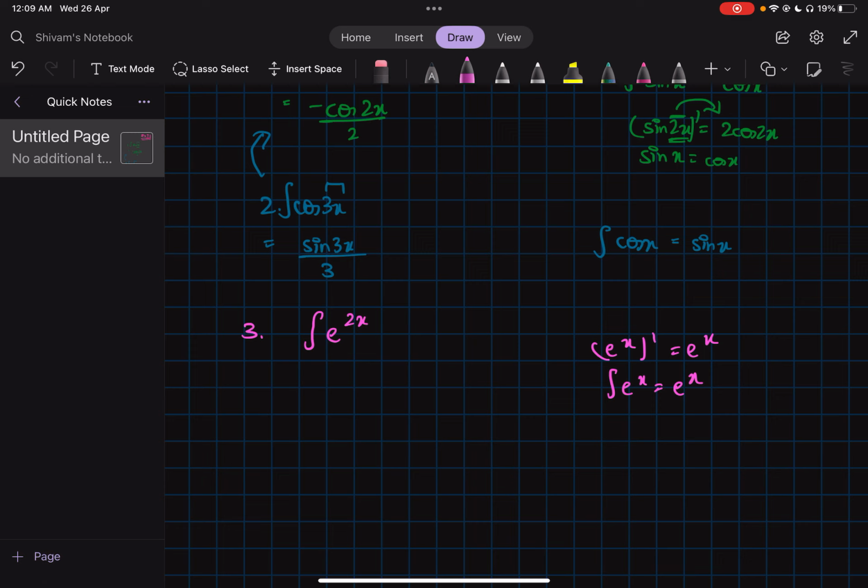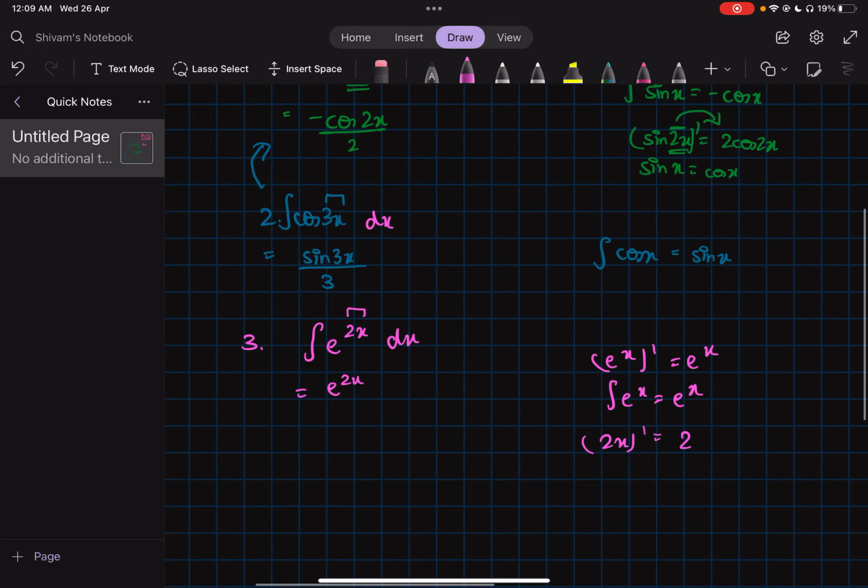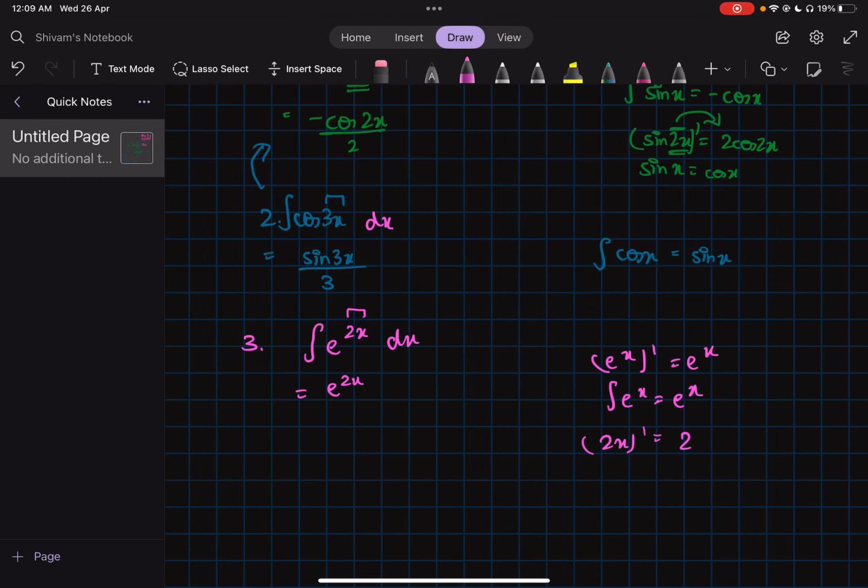So for e to the 2x, we're gonna write the same thing again, and then again the inverse chain rule says that you must divide by the derivative of the inside. In this case, the power is 2x, so the derivative of 2x with respect to x is of course 2. And oh, I'm sorry, you're gonna want to write dx each time, right? So you're gonna divide by 2, and that's the answer.